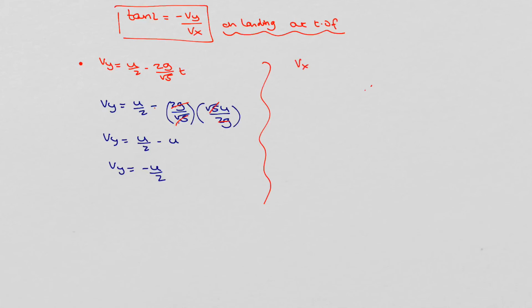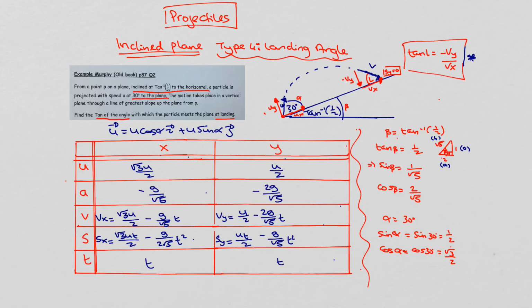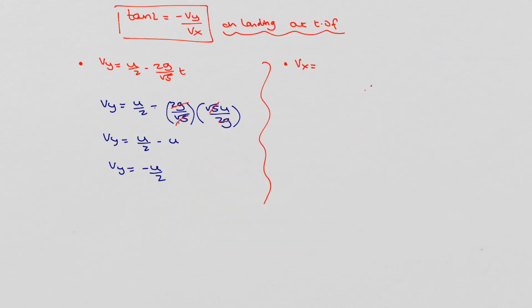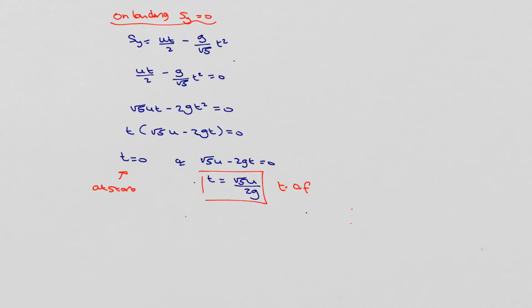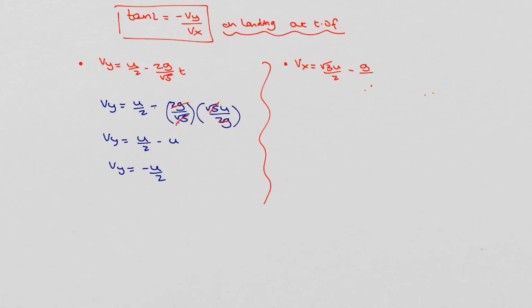Okay, so our Vx then, if we go back, was root 3 U over 2 minus G over root 5 T. Again, if we sub in our time of flight, we have root 3 U over 2 minus G over root 5 times our time of flight, which was root 5 U over 2G.